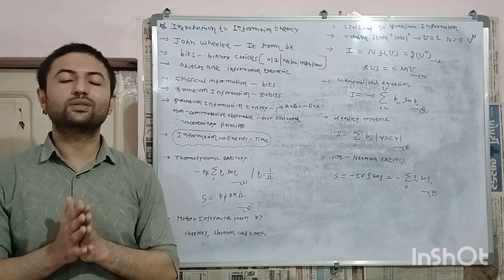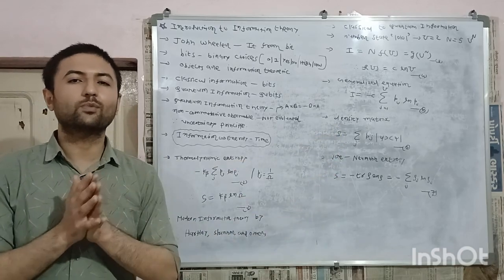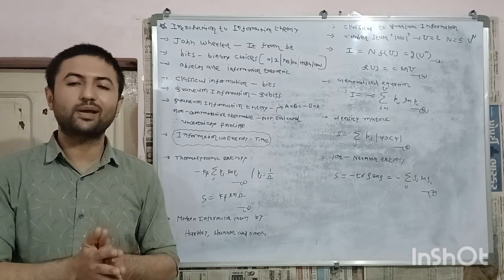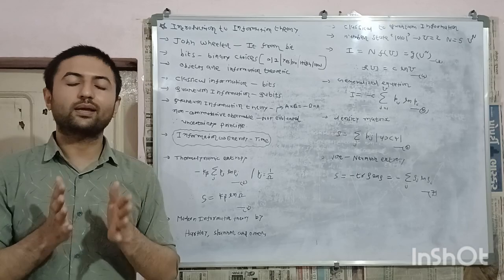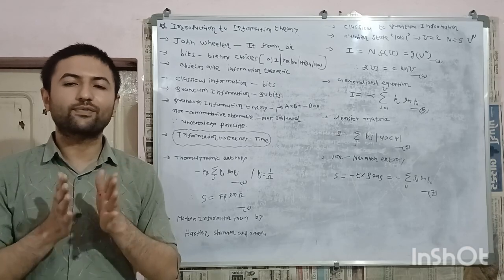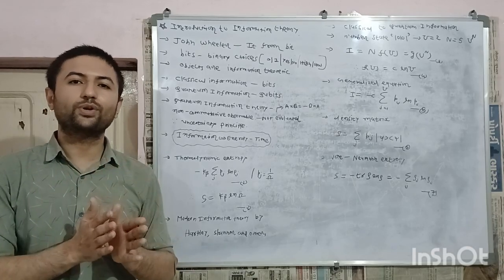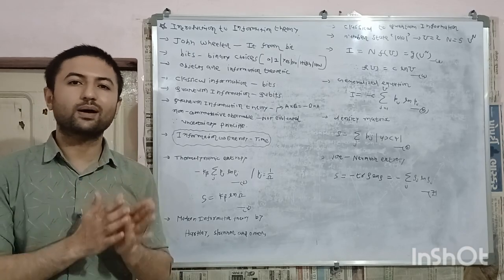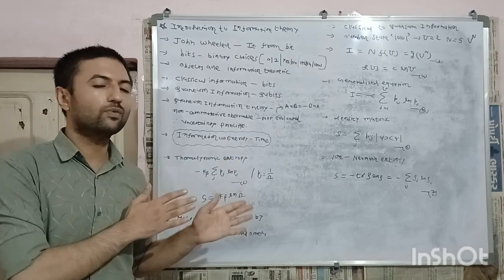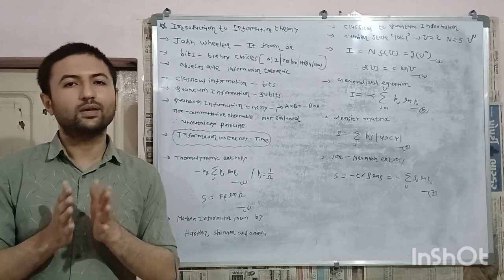Quantum information theory is the basis of quantum computation, quantum entanglement and quantum teleportation, and all know that at present, quantum computing and quantum technology is emerging day by day. That is why the concept of quantum information is very, very important.